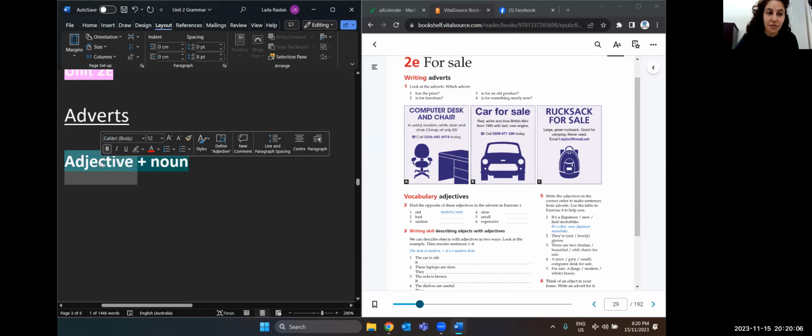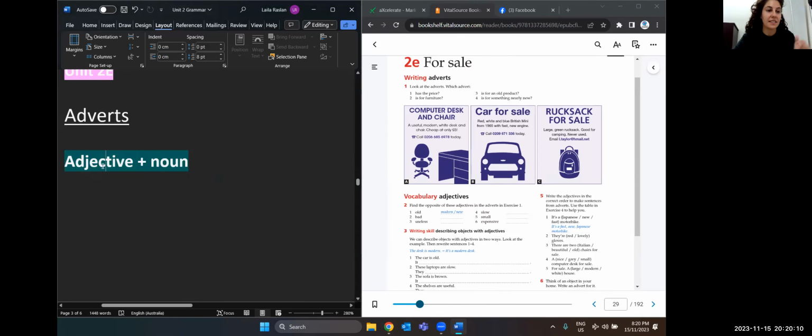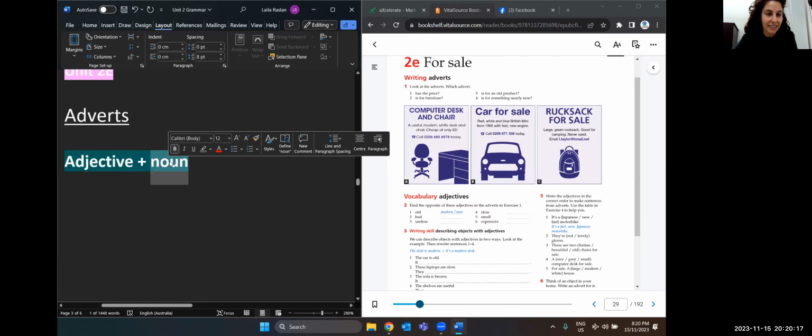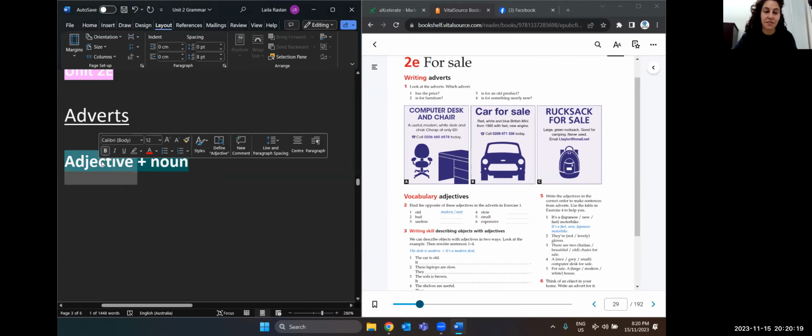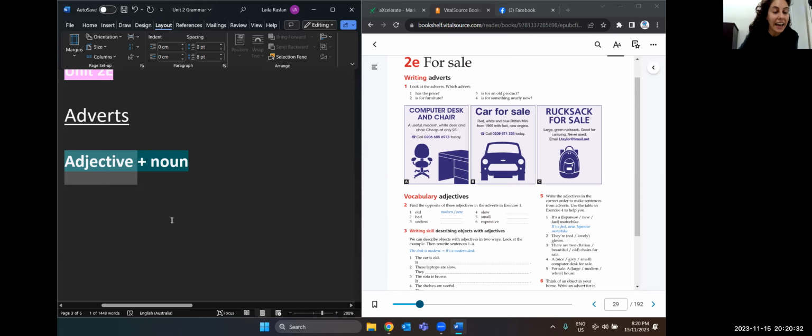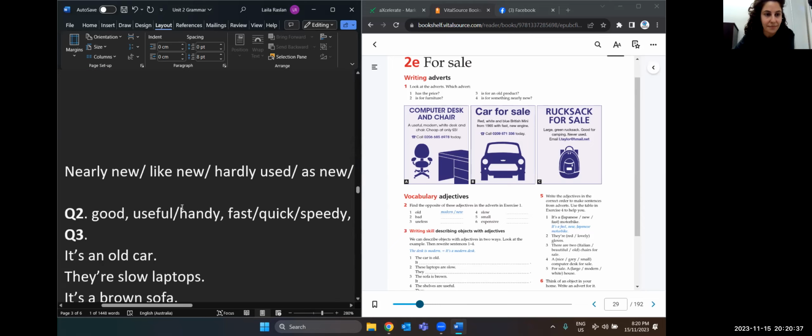So I use adjective first and then the noun. For the rucksack, same thing. It's a hardly used, large, green, good for camping rucksack. So again, adjective tells us information about the object, and then we say the noun. So very different to Spanish and Portuguese. In Spanish, you put the noun first and then the adjective, but in English, adjective first and then the noun.